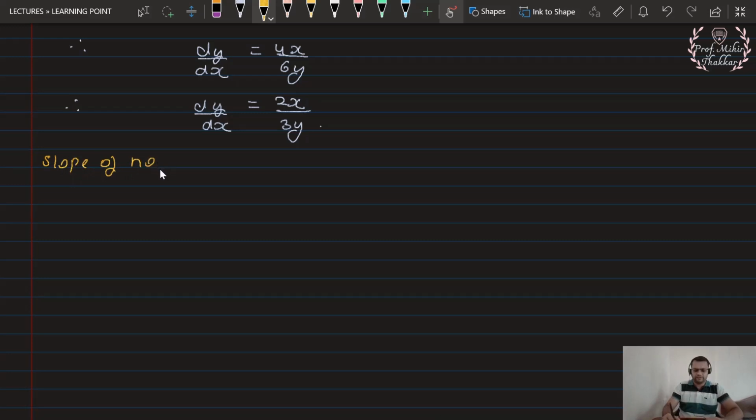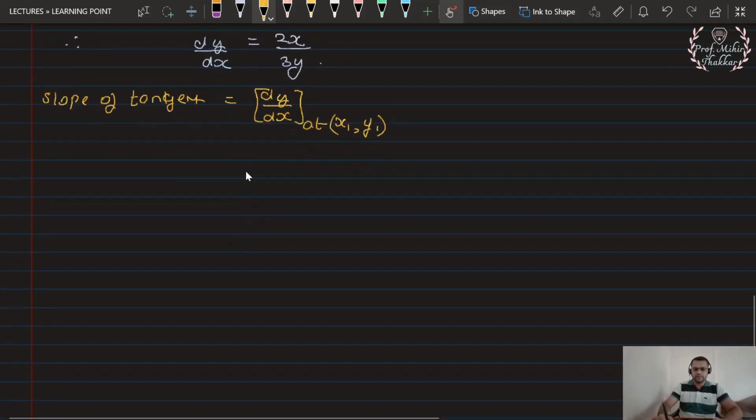Now, like we did in the above case, slope of tangent is equal to dy by dx at (x1, y1), which is again dy by dx at (1, 1).